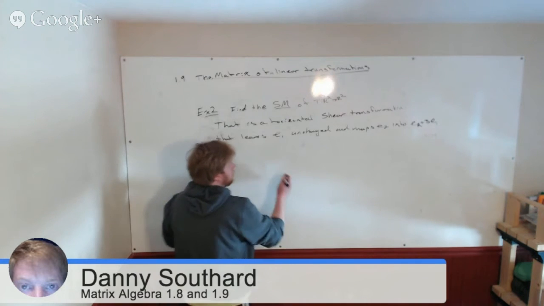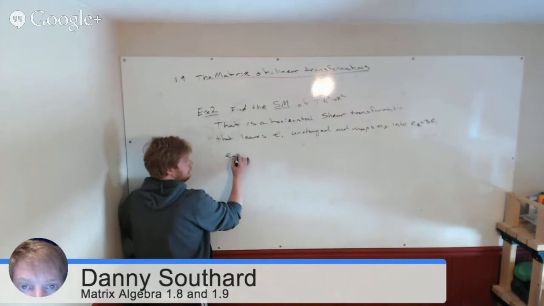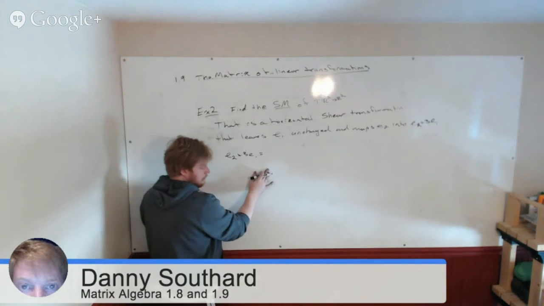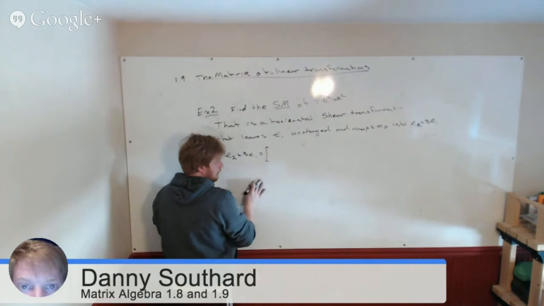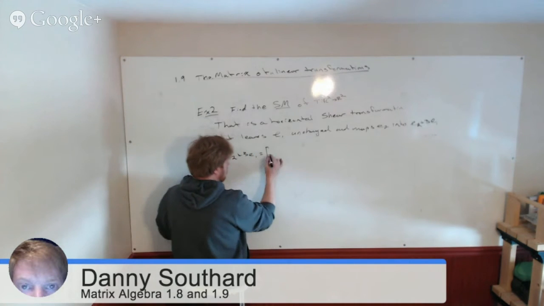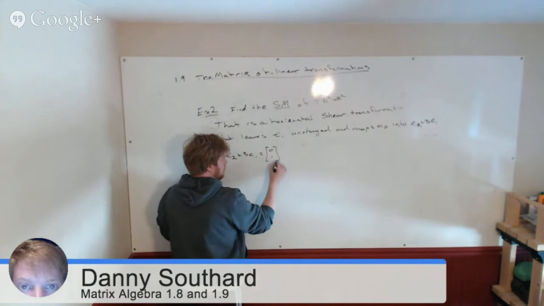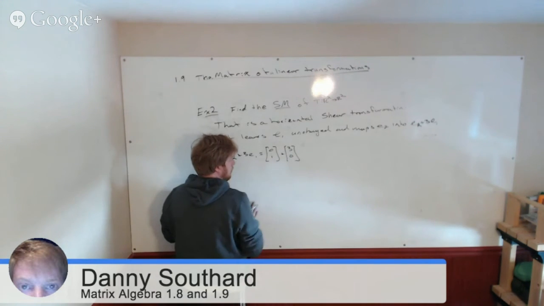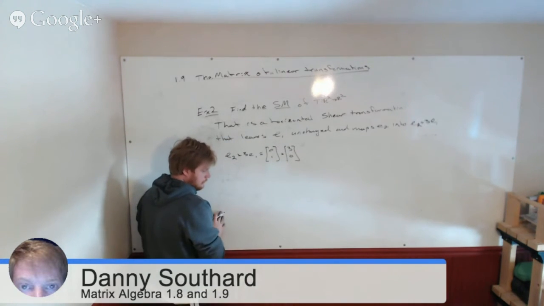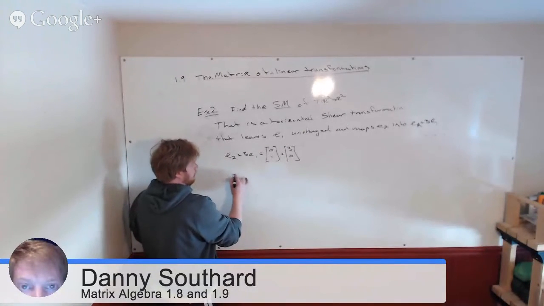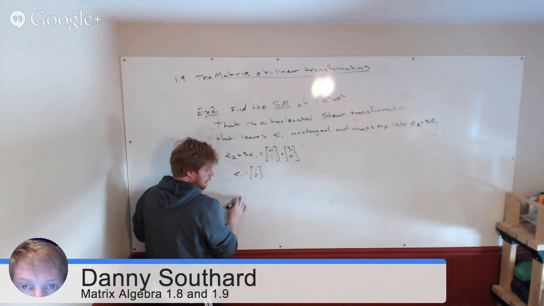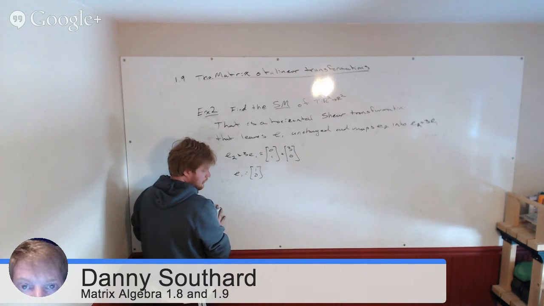All right, well, this could be written as this. e1 we know is 1, 0, and that needs to stay unchanged.